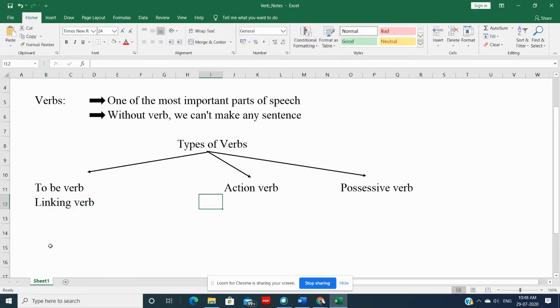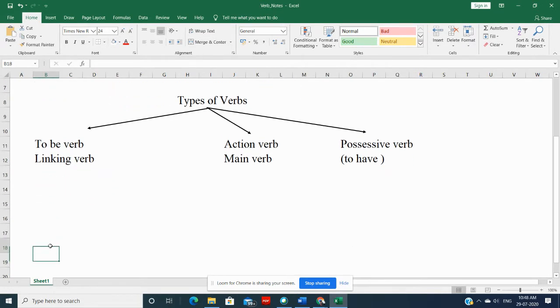And this action verb can be called the main verb. And this is called the possessive verb, meaning to have something. Now let's talk about each of these verbs in detail.